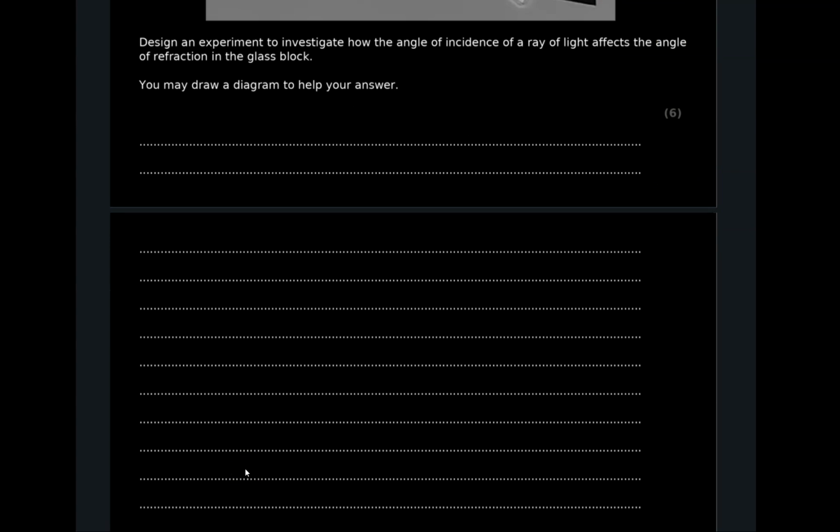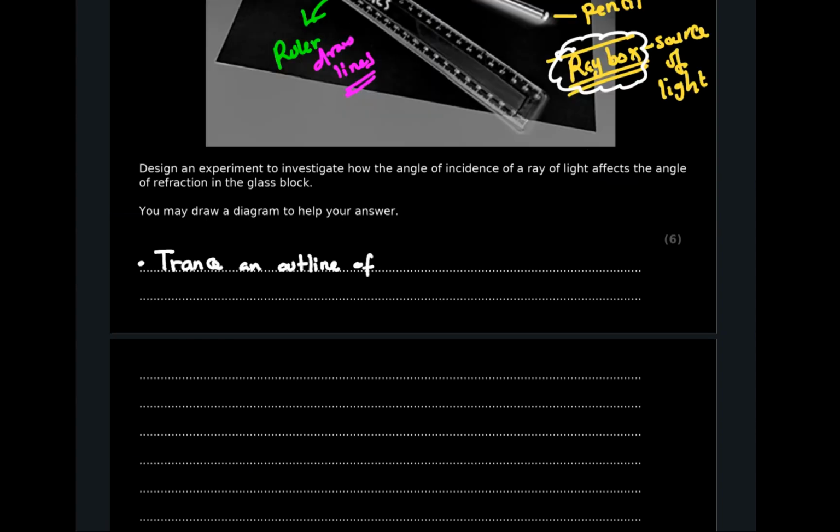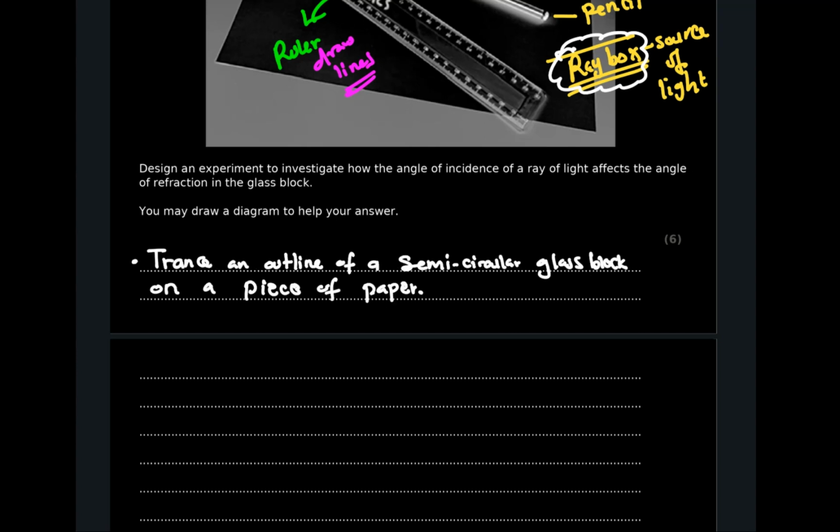Now, in order to respond to this particular question, these are the key aspects that you are to mention: trace an outline of a semicircular glass block on a piece of paper. Then direct a ray of light from the ray box, measure angles of incidence, and then mark how the ray is going to get out.